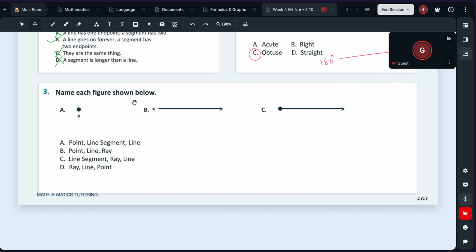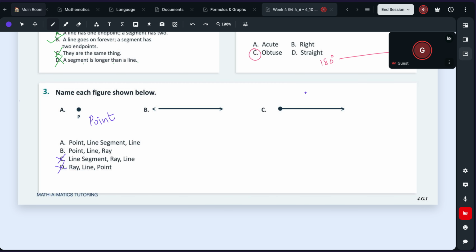Okay, name each figure shown below. Here we have just gone through the definitions, so let's solve. This is a point. Now all the options that do not have point as the first word are eliminated.